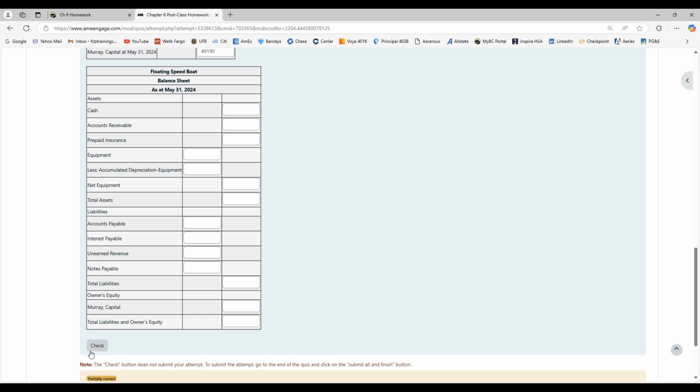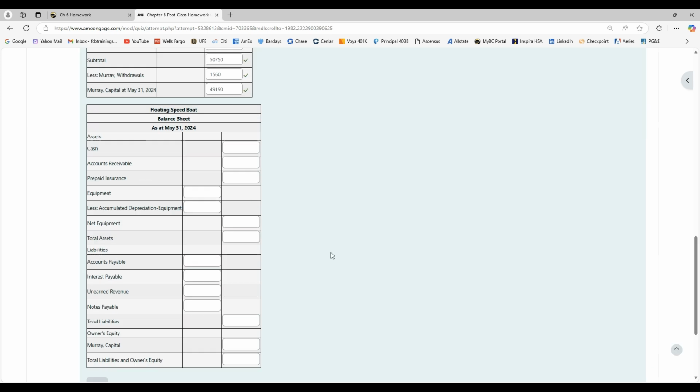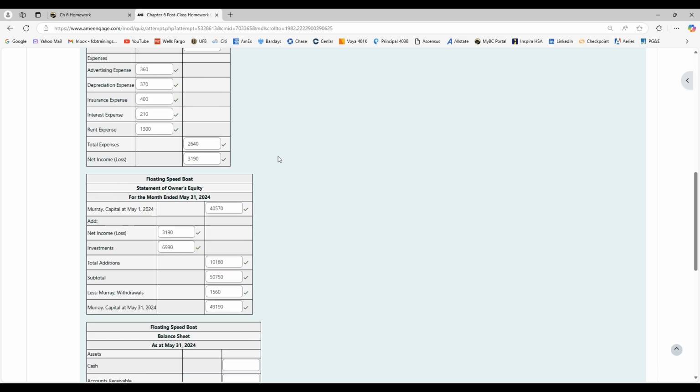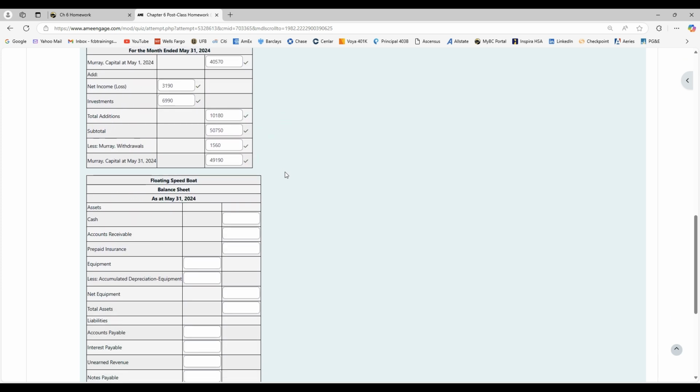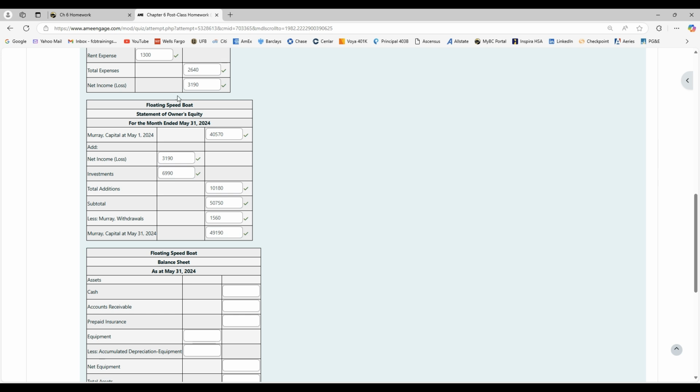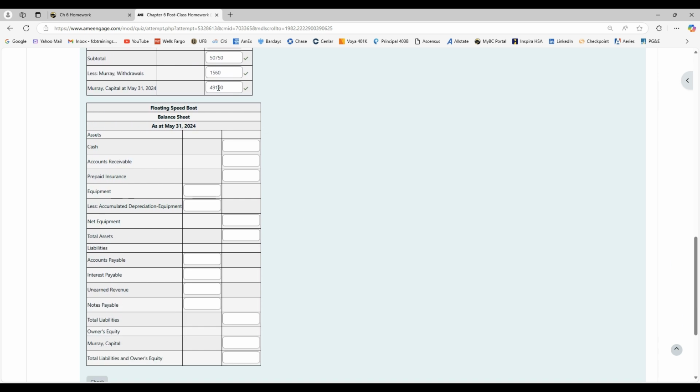Okay, so that's the second statement complete. Let me just do my check figure again, make sure nothing's going wrong as we're going through. Looks good. Okay, so now, and again, the progression here, so net income was brought down to the statement of owner's equity. So that's why we did that first, this second. And now capital we're going to bring down to the balance sheet. So we know what the ending balance of capital is here. And we're going to put that 49,190 down here.